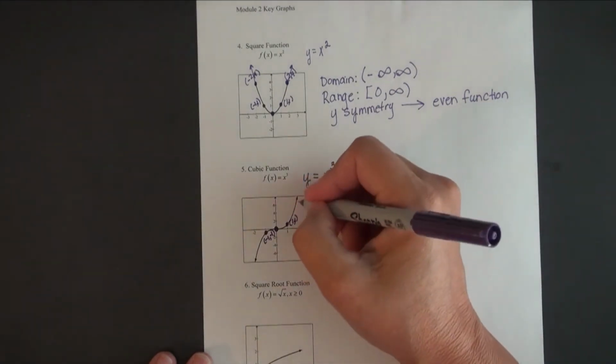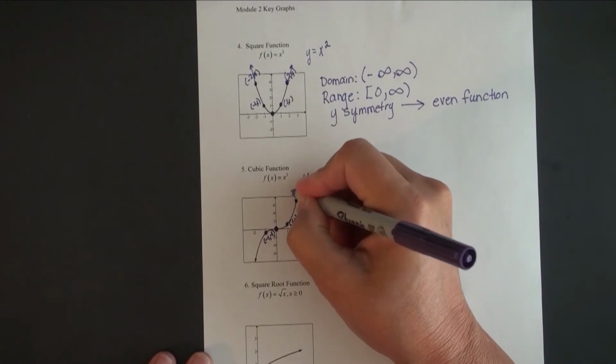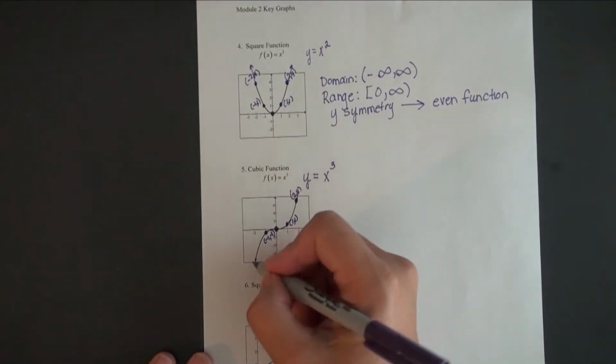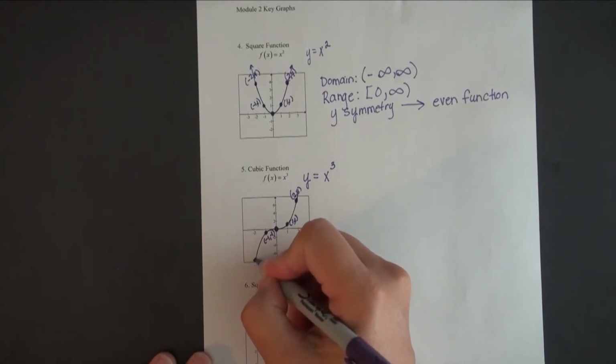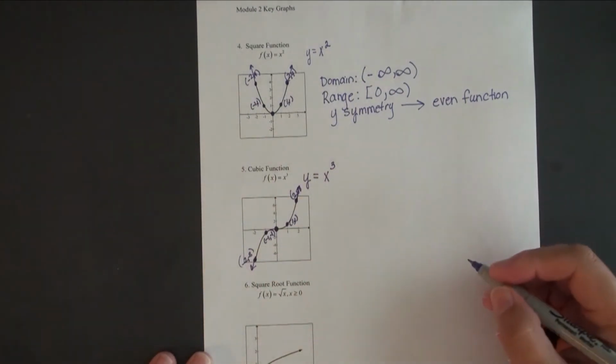It also goes through the point 2, 8, because 2 times 2 times 2 is 8, and it goes through the point negative 2, negative 8, with arrows on both ends.